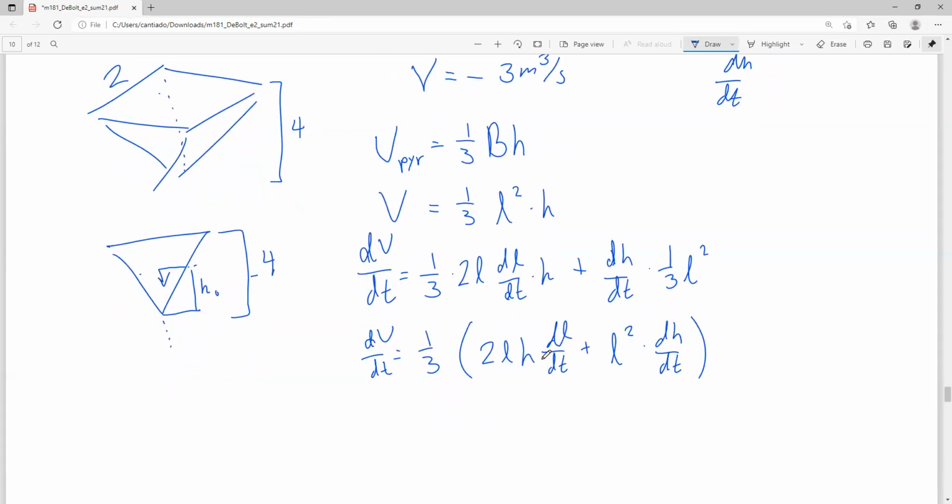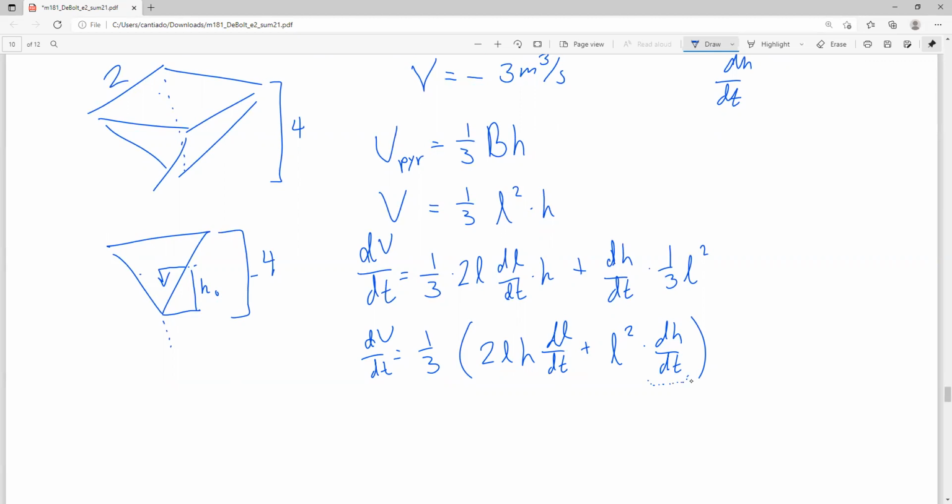Basically, in order to find the change in volume, you'd need the length and height at the point you're looking at, as well as the change in length and the change in height. So we're going to need to first calculate some things, because we're trying to solve for dH/dt, right?